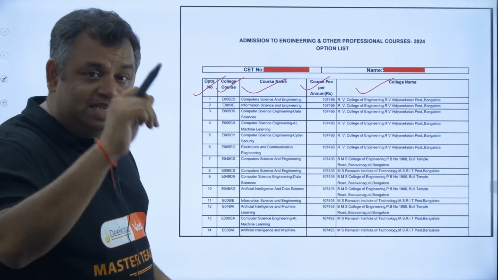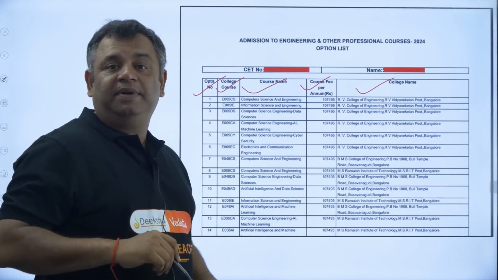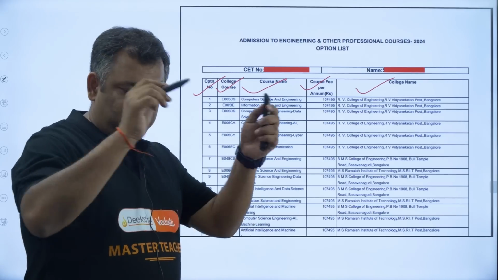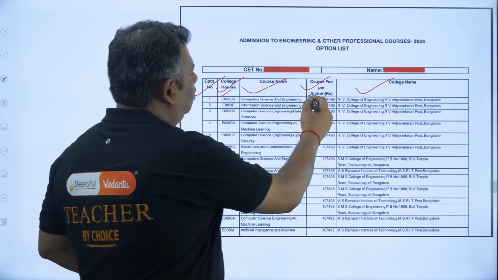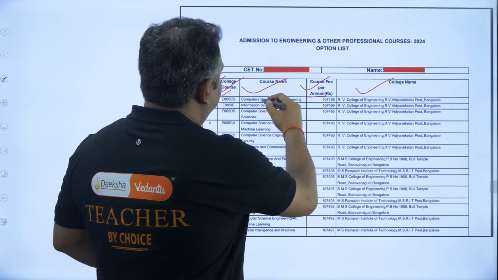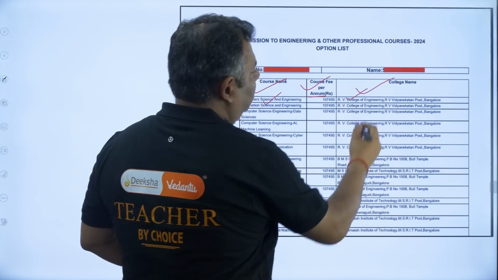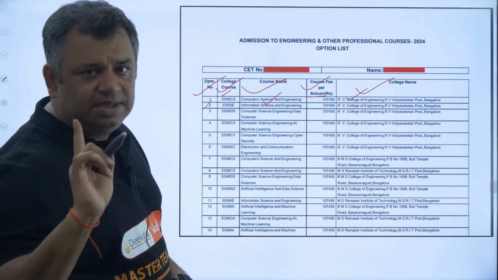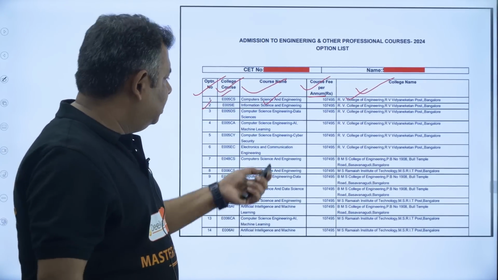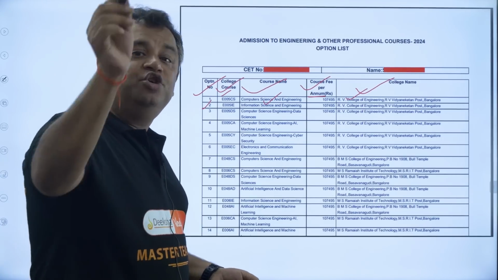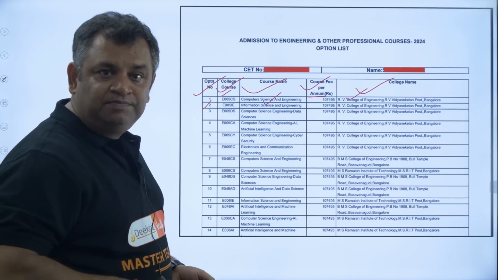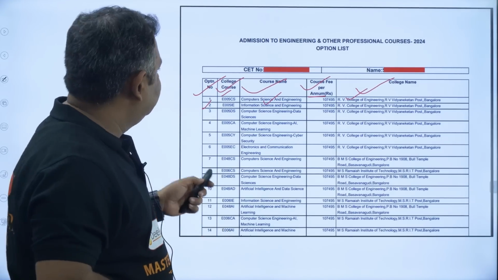This would be similar to what you have prepared in the beginning in the Excel, and would be similar maybe if you have written it on a piece of paper, except that you won't have college course and college fee. So option number, college, course name, and college you had already made before. It should be similar to that unless you have made any changes. It is the detailed form. Please take a printout of it and also save it in your mobile and your computer, wherever, but make sure you take a printout of it.